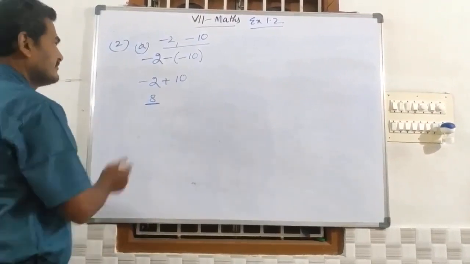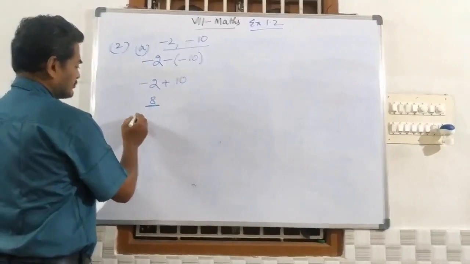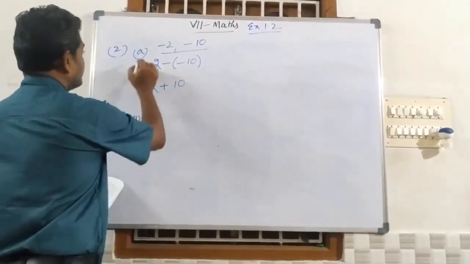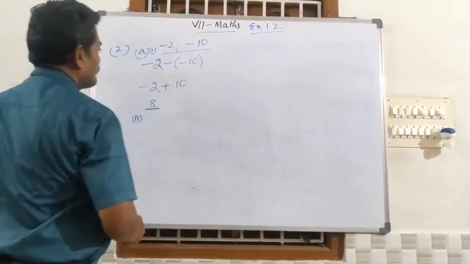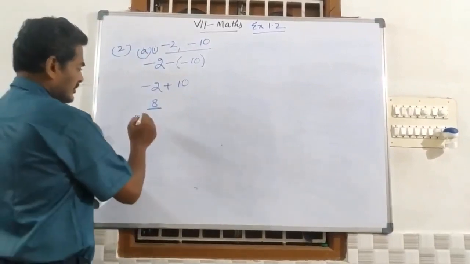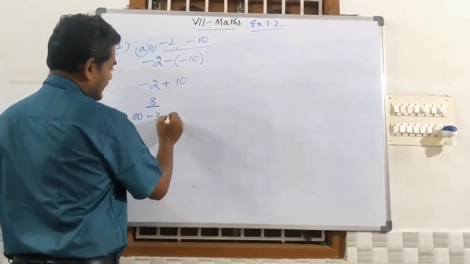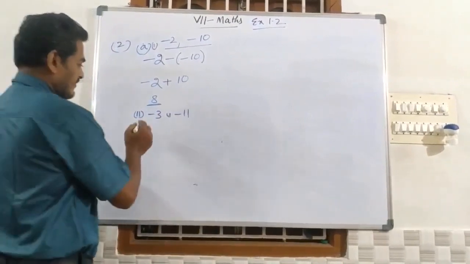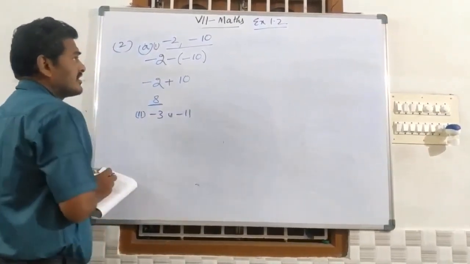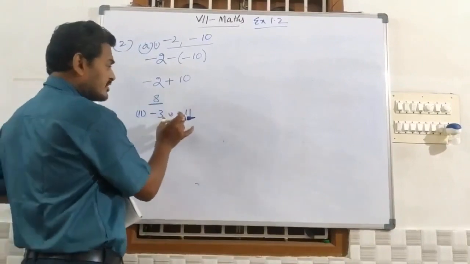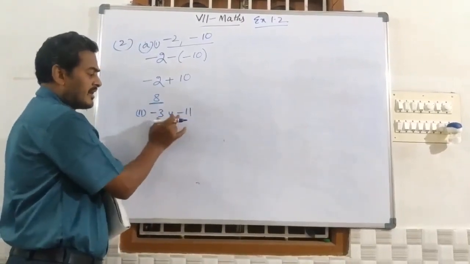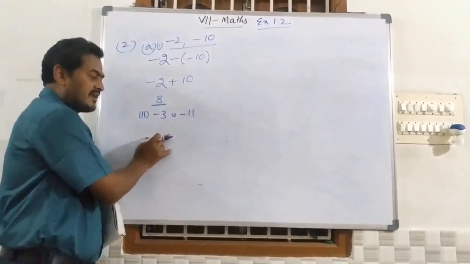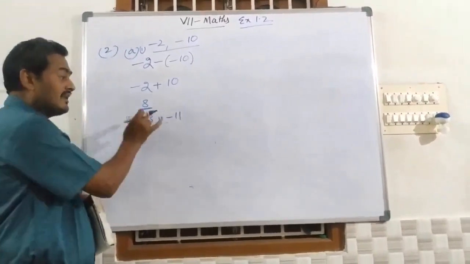If we go for the same question, I will give one more example. This is the first example, and I am going to give another example: minus 3 and minus 11. In this question, if you want to take a pair of integers, the pair should be negative.